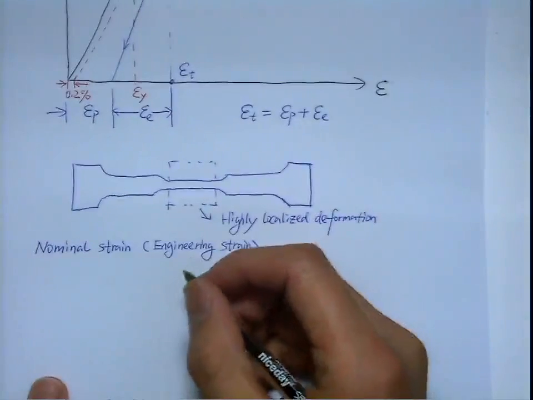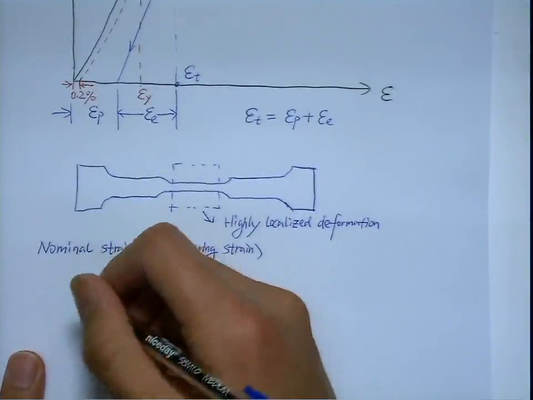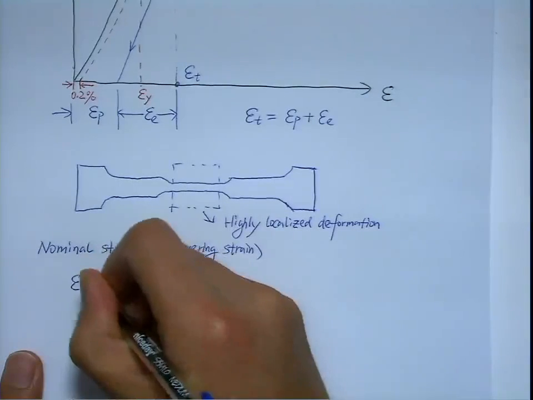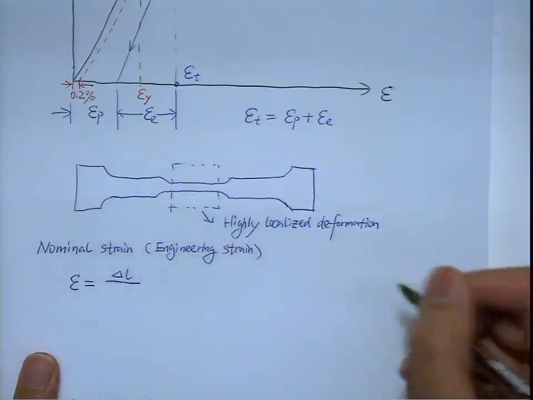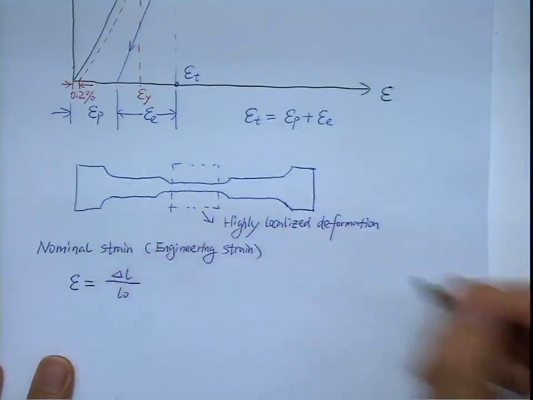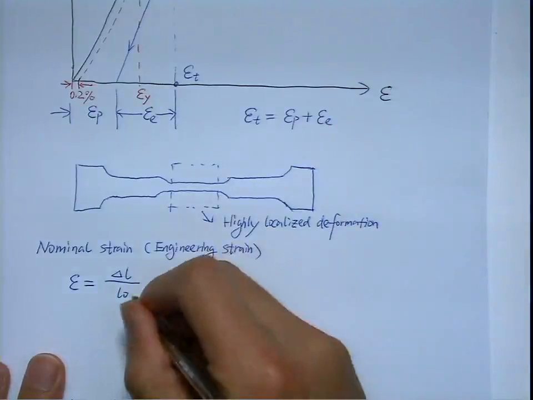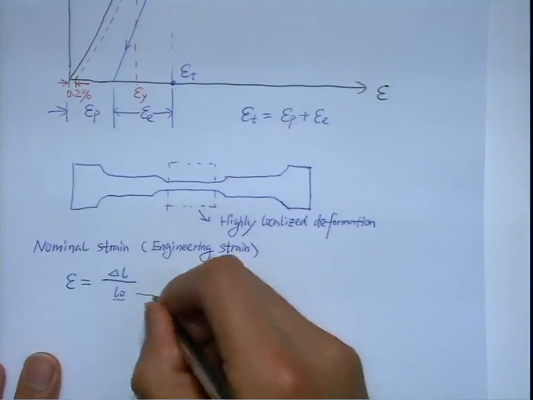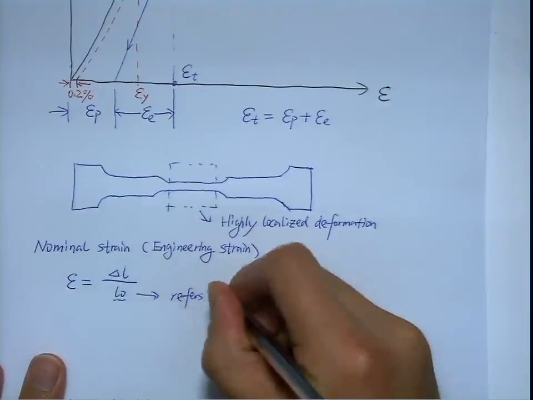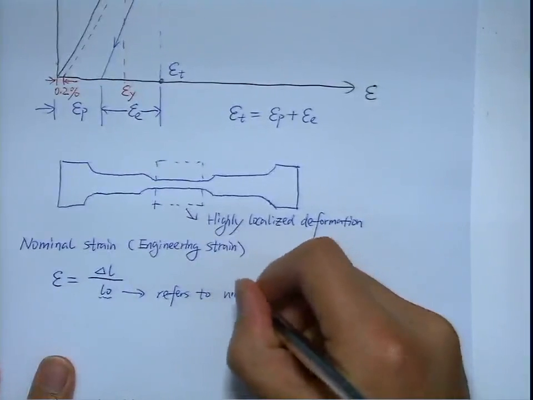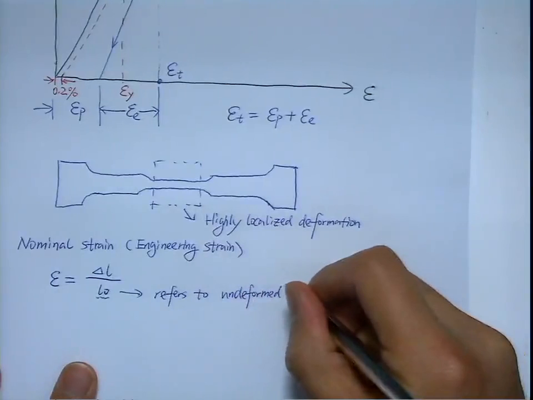So the definition of that is what I have shown you before, basically epsilon equal to delta L, the change of your length over your original length. So this refers to the undeformed configuration.